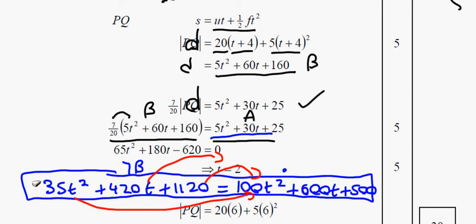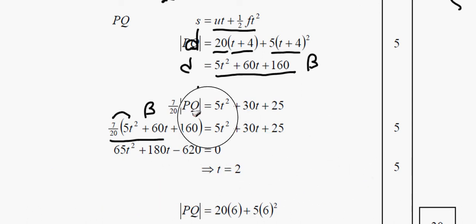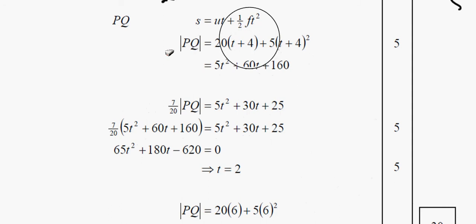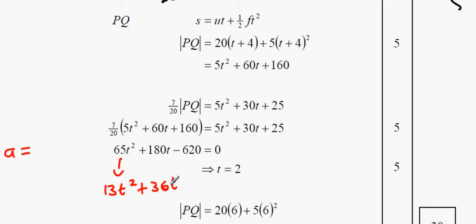Then all we have to do is go through the minus b formula. Some people can factorize this, which is grand. You could divide everything by 5 and get 13t squared plus 36t minus 620 equal to 0.